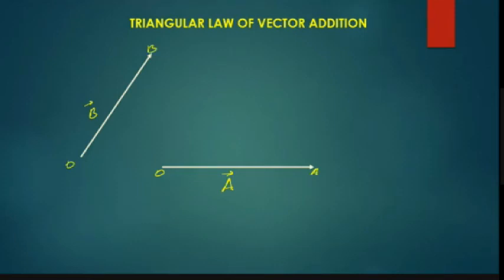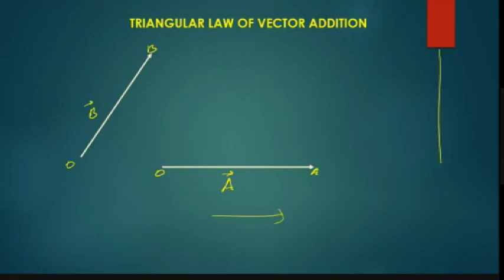Now, they are not collinear. They are coplanar, not collinear. If they were collinear, it was easy: just add the magnitudes, given the same direction. But here you see the direction of A is almost along the x-axis. But what about B? This is along east.